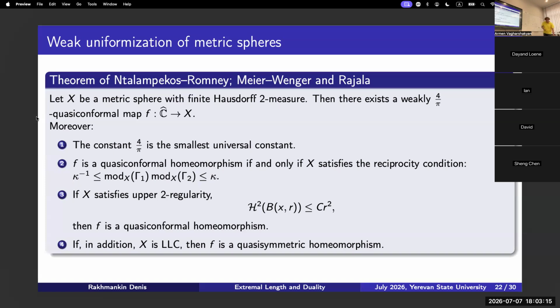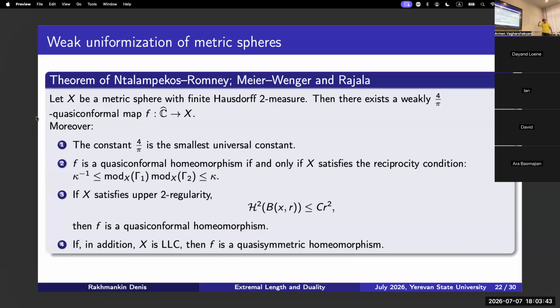For example, what's going on when I collapse a disk into one point? There is a shortcut for my curves to go through it. If I collapse this to one point, now all curves go through it, this part is not countable for the integral, and it's easier for curves to go through and harder to block it.